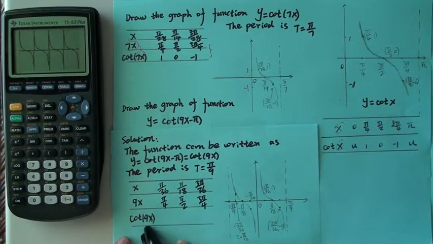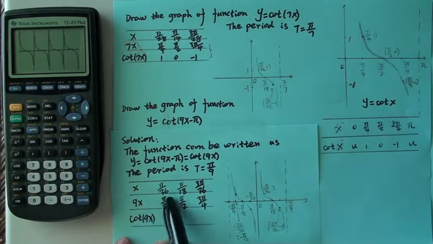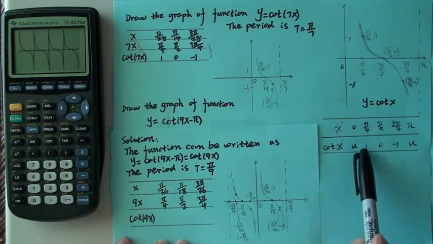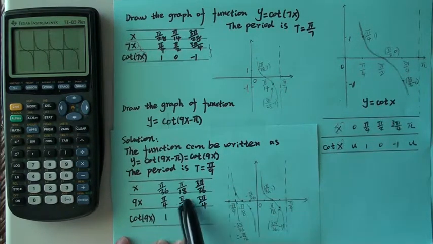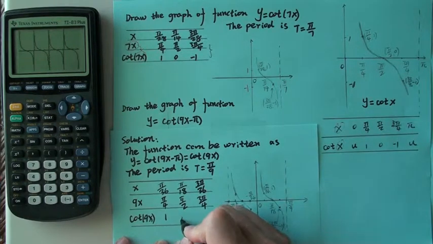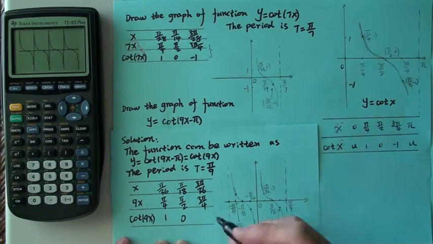So when the quantity 9x equals those 3 different values, cotangent of pi over 4 is 1. Cotangent of pi over 2 is 0. And cotangent of 3 pi over 4 is negative 1.